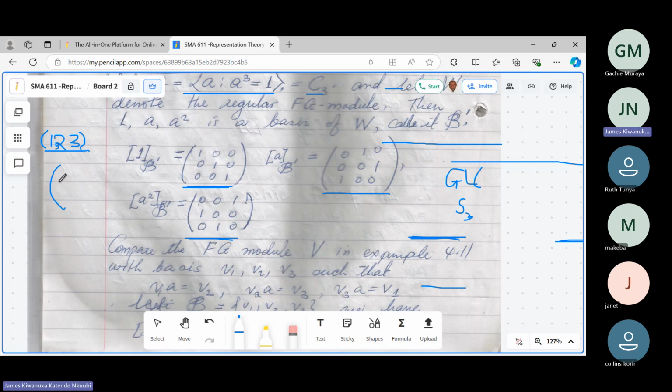The first row is 1, 0, 0. The first row of the identity matrix is sent there. The second row of the identity matrix is this. It is sent to the third. And the third is supposed to be sent to 1. So this element corresponds to this permutation matrix.